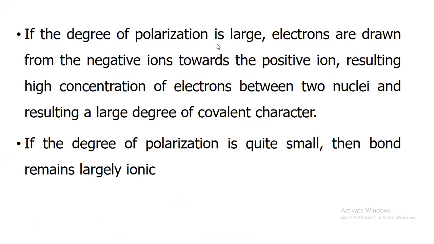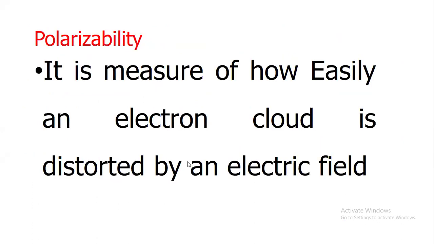If the degree of polarization is large, electrons are drawn from the negative ion towards the positive ion, resulting in a high concentration of electrons between the two nuclei and a large degree of covalent character. If the degree of polarization is quite small, then the bond remains largely ionic.